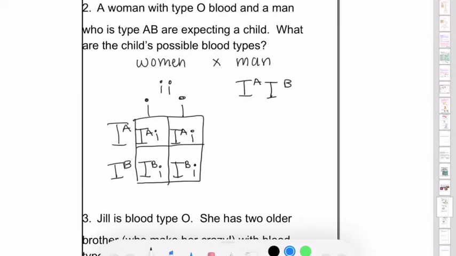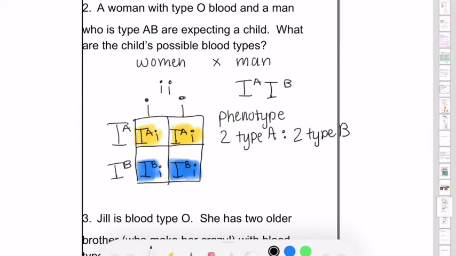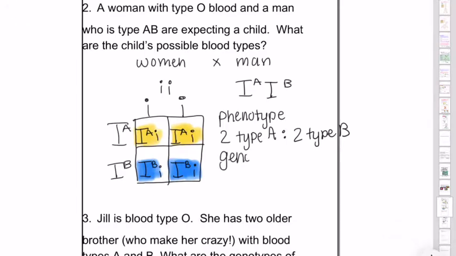All right, so if we look at this, half of our babies are going to be blood type B and half would be blood type A. So that would be our phenotype: 2 type A and 2 type B. And then our genotype would be 2 IAi and 2 IBi.